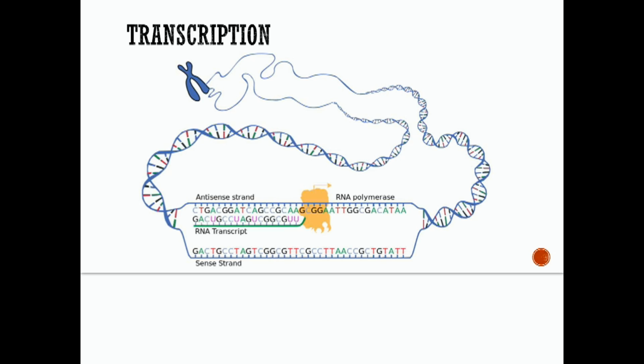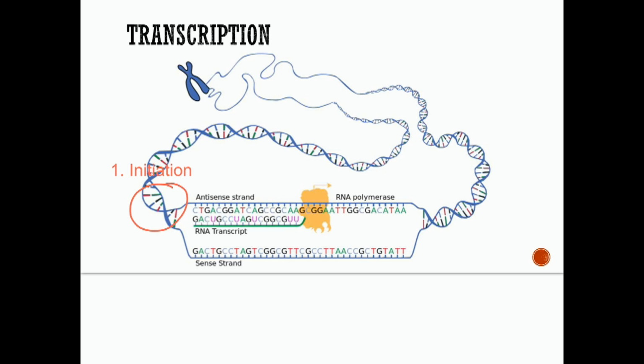A little bit more about transcription. There's three main processes that occur. And the first step is called initiation. So during initiation, enzymes bind to a DNA sequence and unwind.